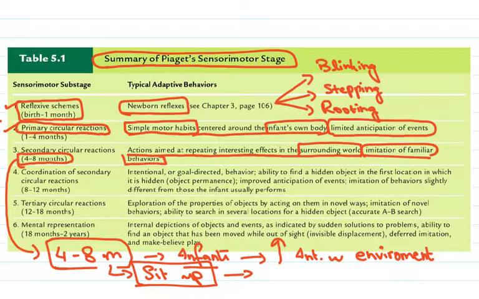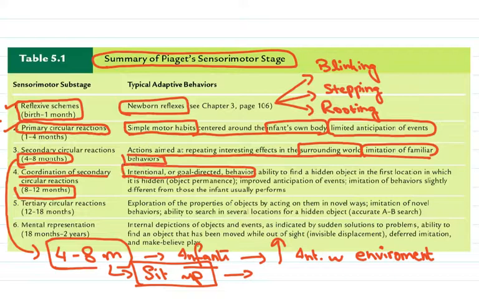At the fourth substage, you have something which is called coordination of secondary circular reactions. And this is around 8 to 12 months, where physically children are beginning to crawl. Most children also start to walk at 12 months. Another thing is that children start to practice intentional behavior.